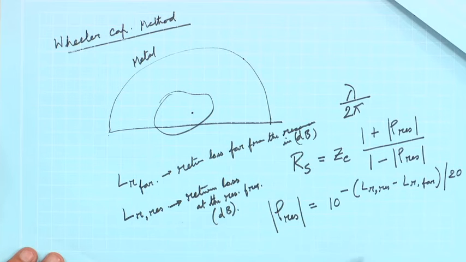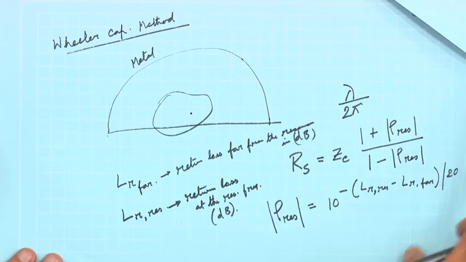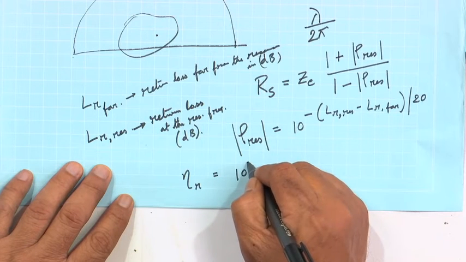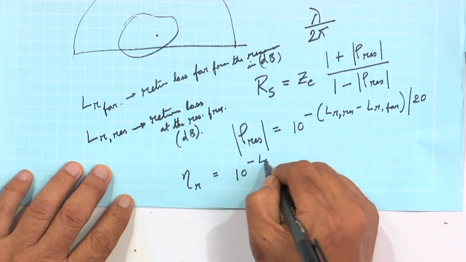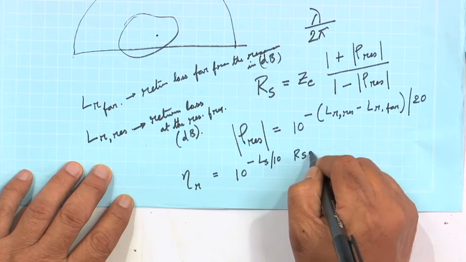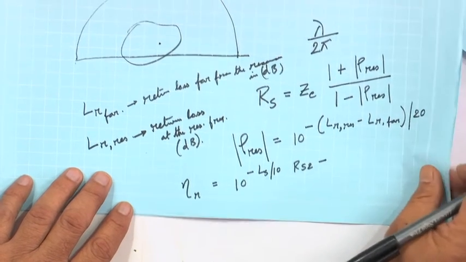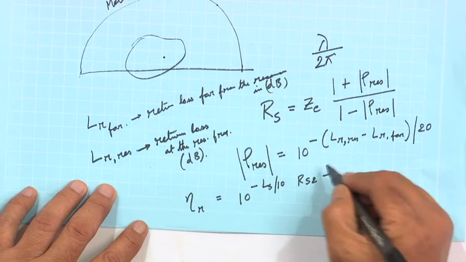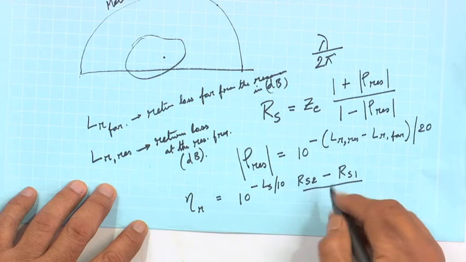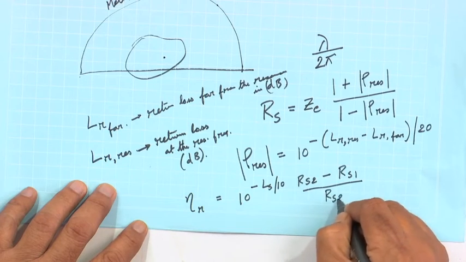Now, what will be the radiation efficiency? Eta R, you can easily derive from whatever we have seen, is (Rs2 minus Rs1) by Rs2.